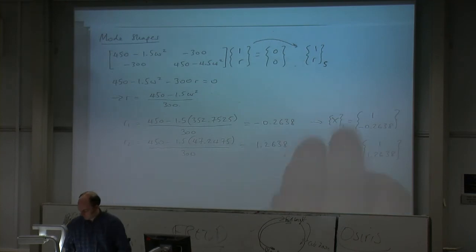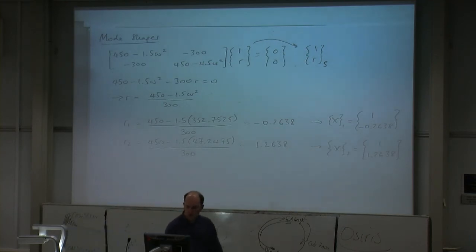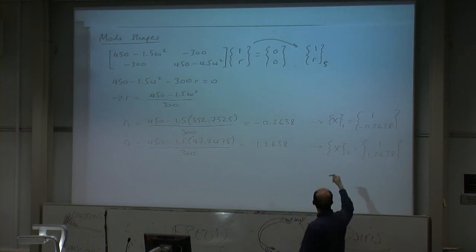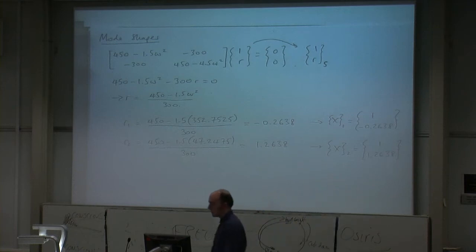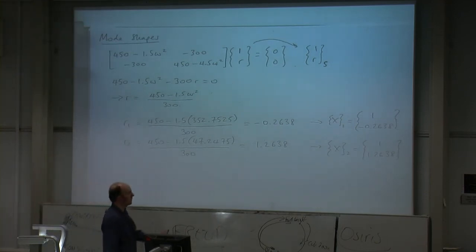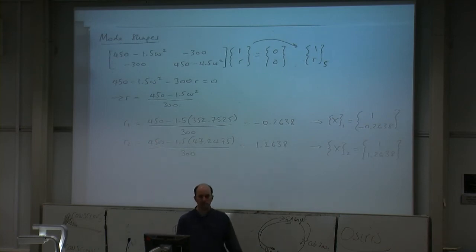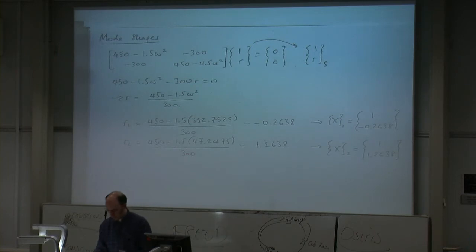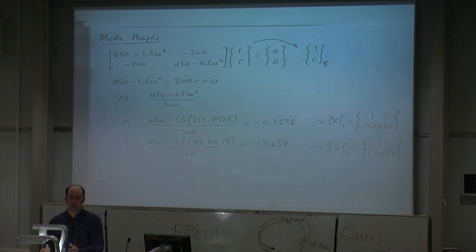So those are our two mode shapes. In the first mode, if x1 moves up by 1, then x2 will move down by 0.2638. And in the second mode, in the second natural frequency, if x1 moves up by 1, x2 will move up by 1.2638. So those are two mode shapes. In one sense, they're vibrating in opposite directions, and in the other sense, they're vibrating in the same direction.